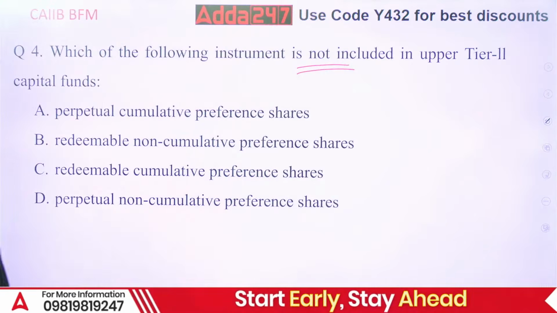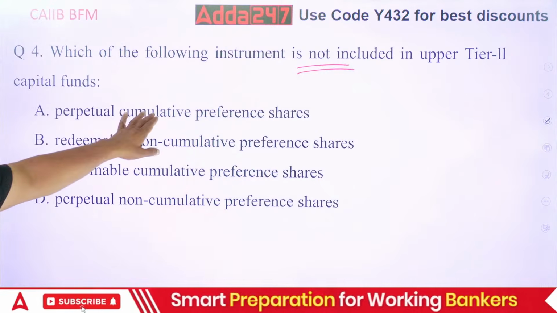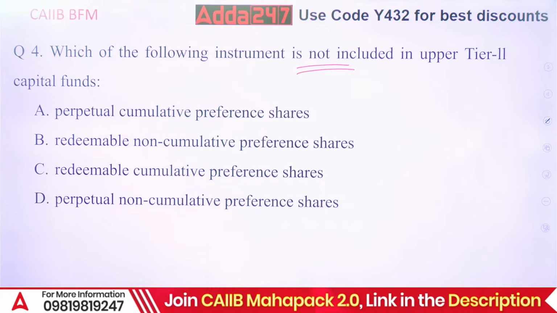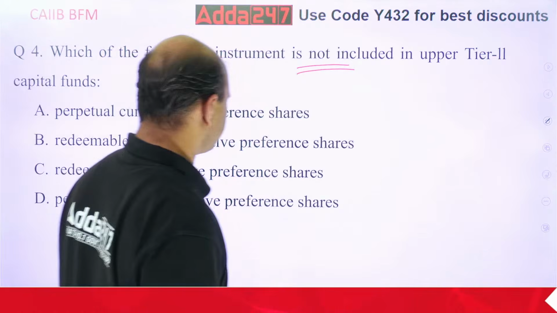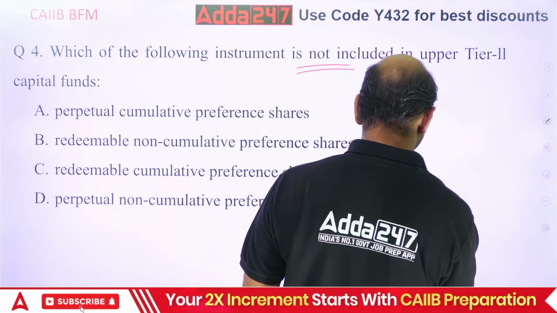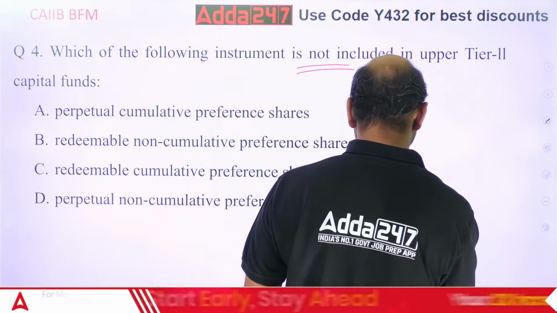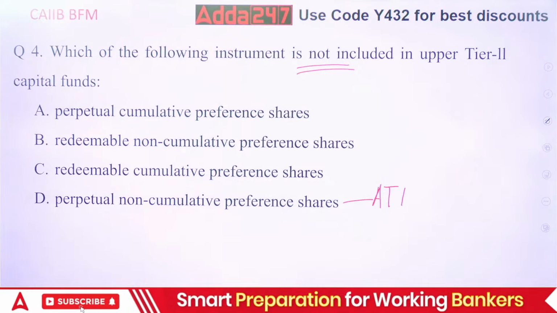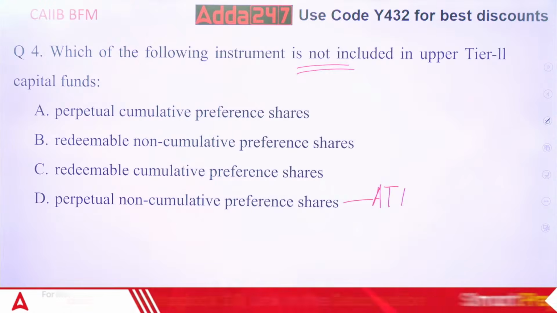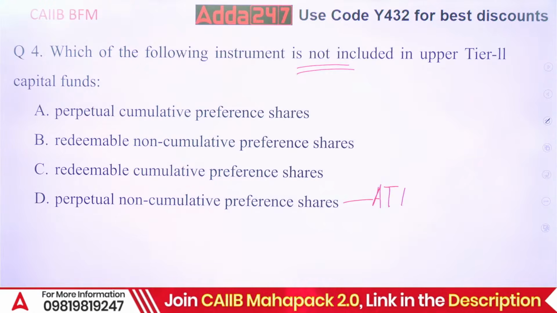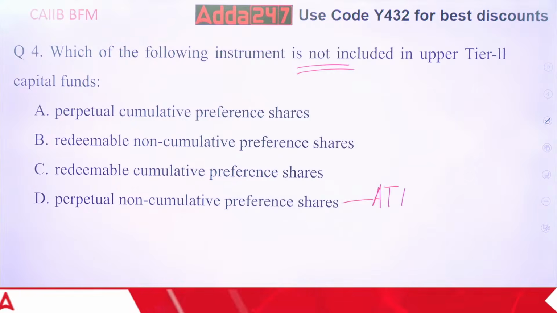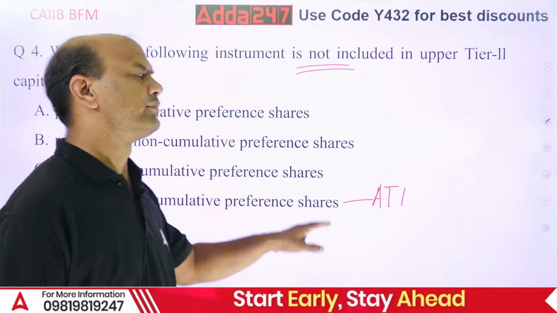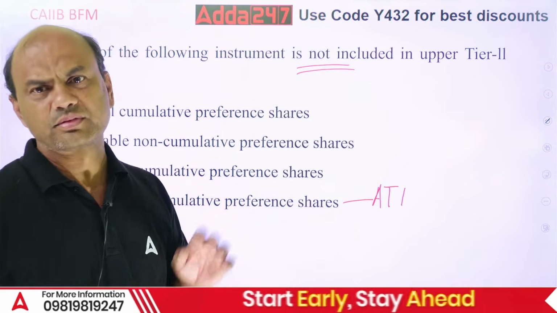Not included: perpetual non-cumulative preference shares. Firstly understand, PNCPS can be taken in tier 1 capital as AT1, additional tier 1. PNCPS are a part of tier 1 capital. So which of them will not be included in tier 2? PNCPS will not be included because they are in tier 1.